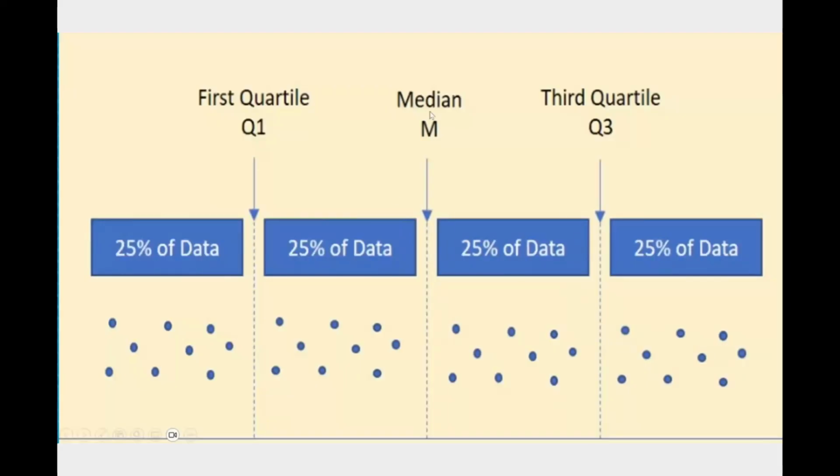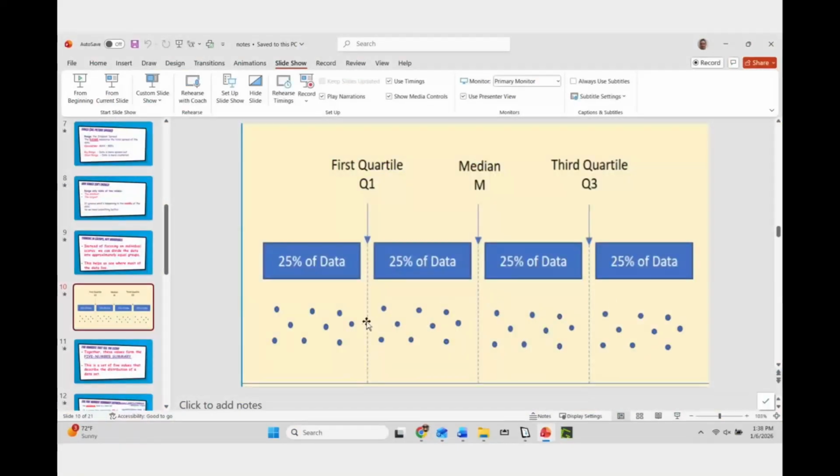We label the median here in the middle, not the mean. Then the third quartile is going to be in the upper 75%. Each of these little sections, or intervals, has approximately 25% of the data values in it.